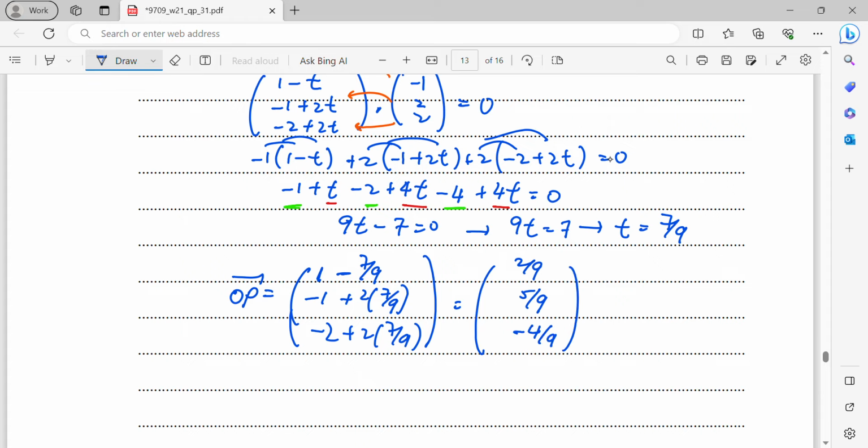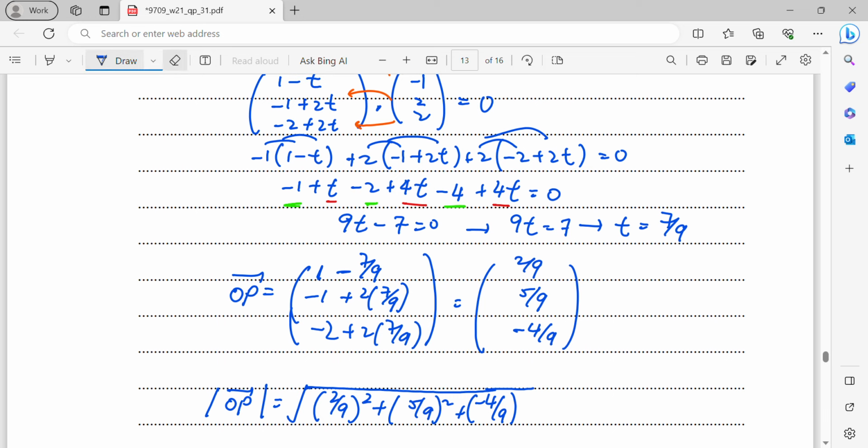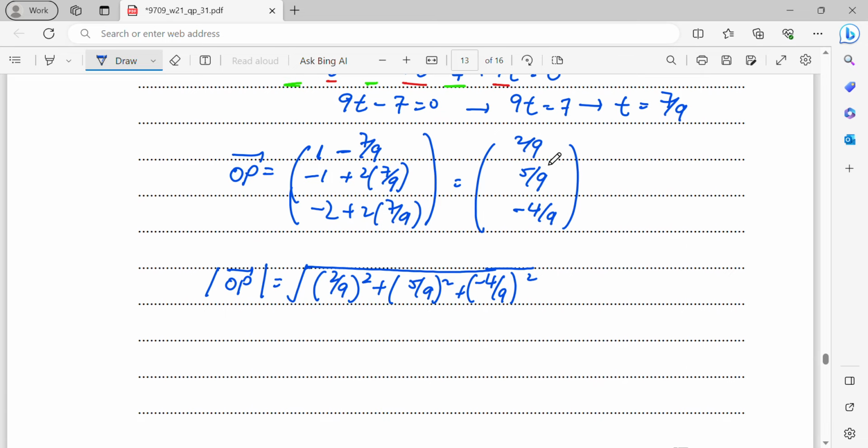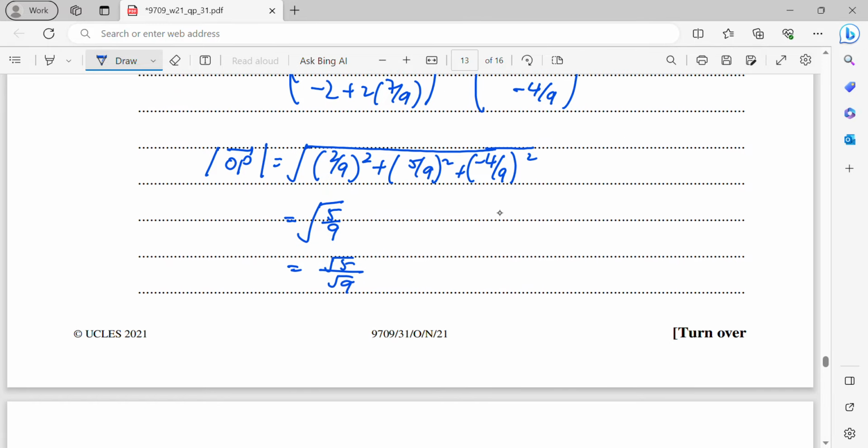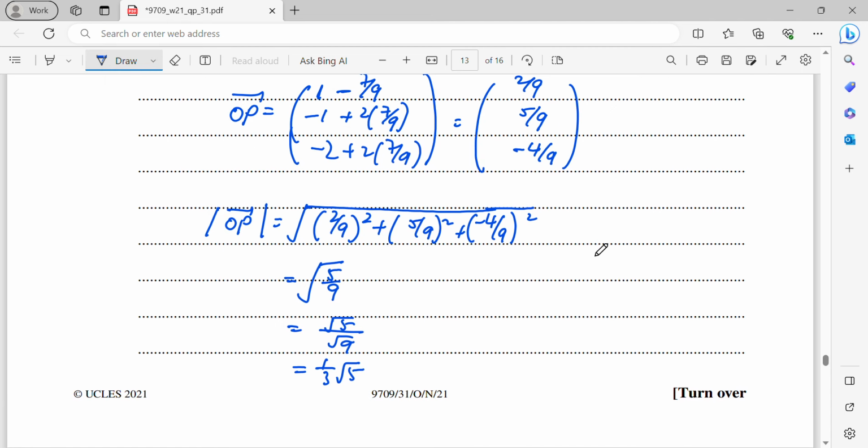Okay, so now the magnitude of this vector is the square root of 2 over 9 squared plus 5 over 9 squared plus negative 4 over 9 squared. Then you will get the answer of square root of 5 over 9. This square root of 5 over 9 is the same as square root 5 over square root 9, and I will get 1 over 3 square root 5. So that is the magnitude.